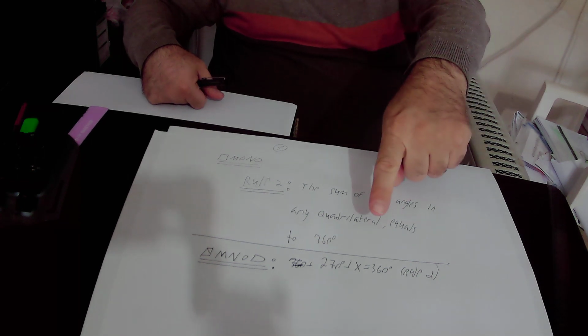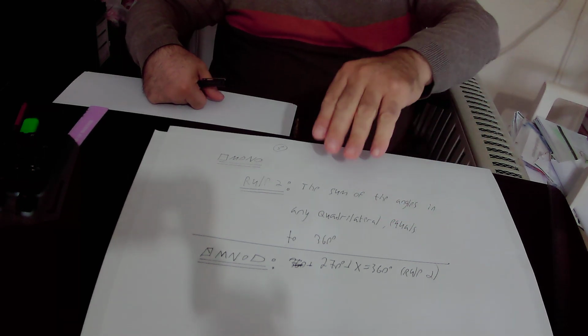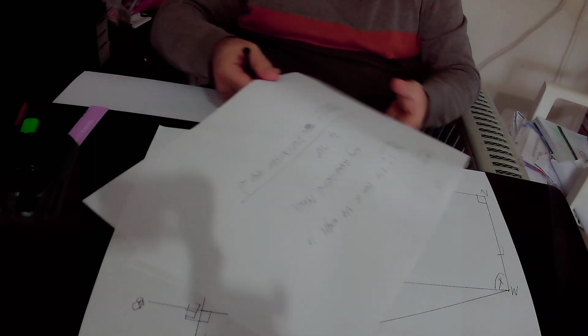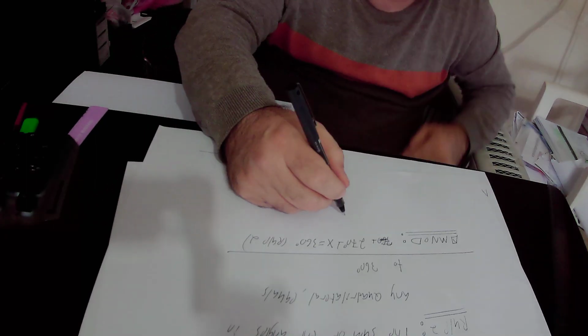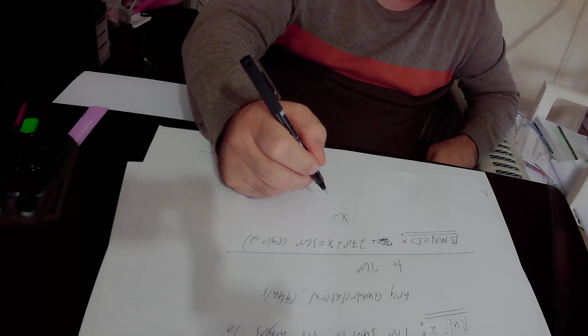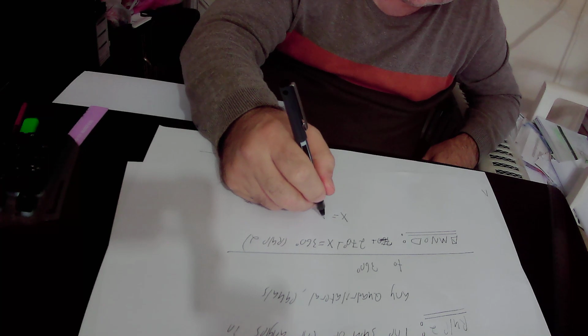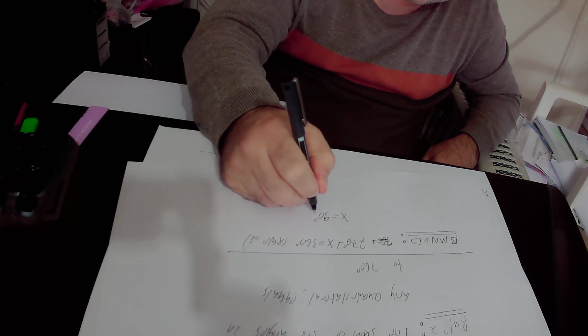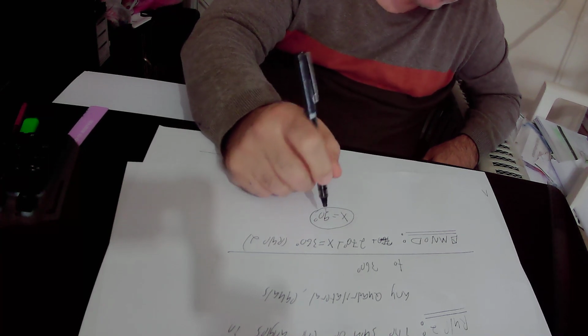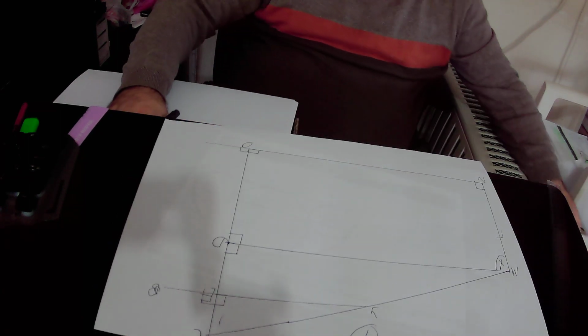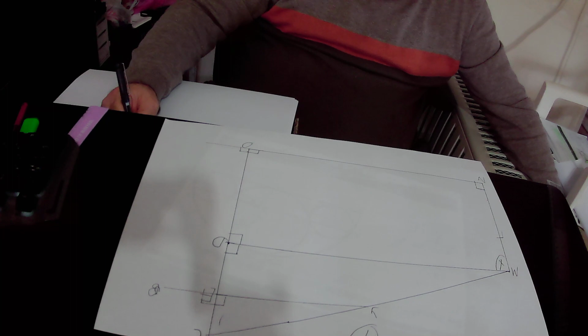Here we will subtract 270 degrees from this equality, and we will get that angle X equals 360 degrees minus 270 degrees, which is 90 degrees. So we found out that angle X is a right angle, it equals 90 degrees.